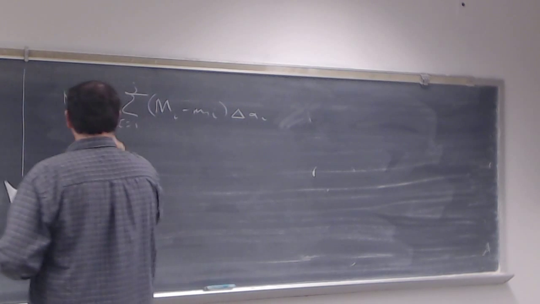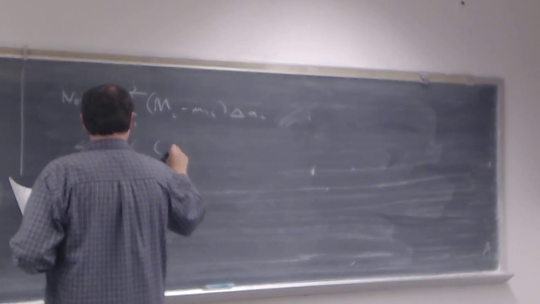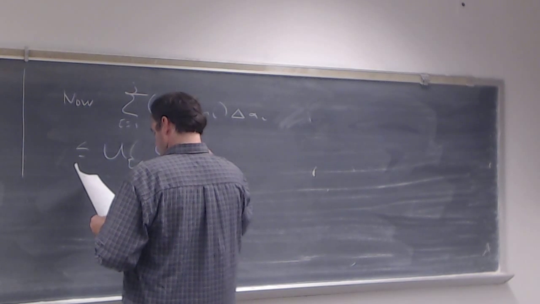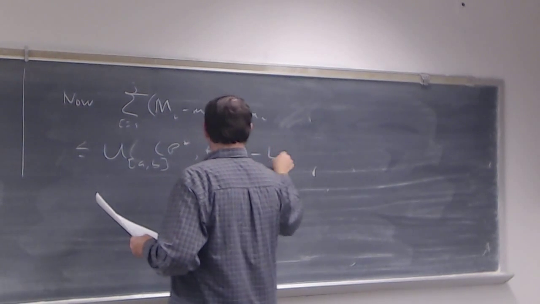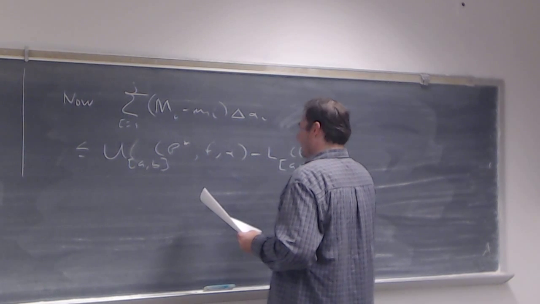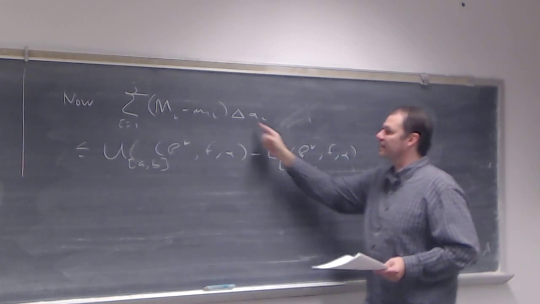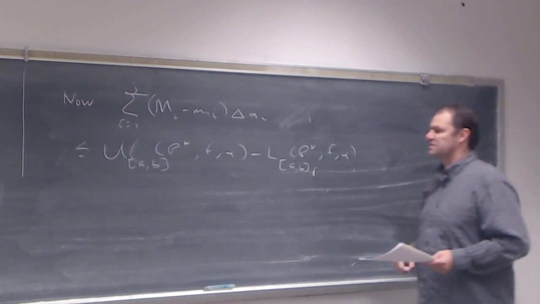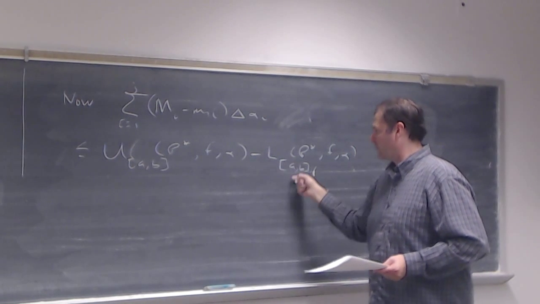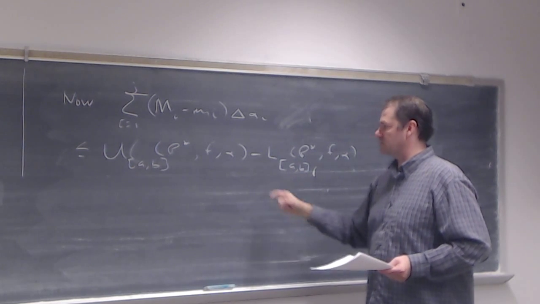It's going to be less than or equal to this upper sum over A to B of this partition, P star, F and alpha, minus this lower sum over A to B, P star, F and alpha. The reason that's true is that this is part of this subtraction, but not all. And each term involved in the sum that's not included in here, that's in here, is positive.